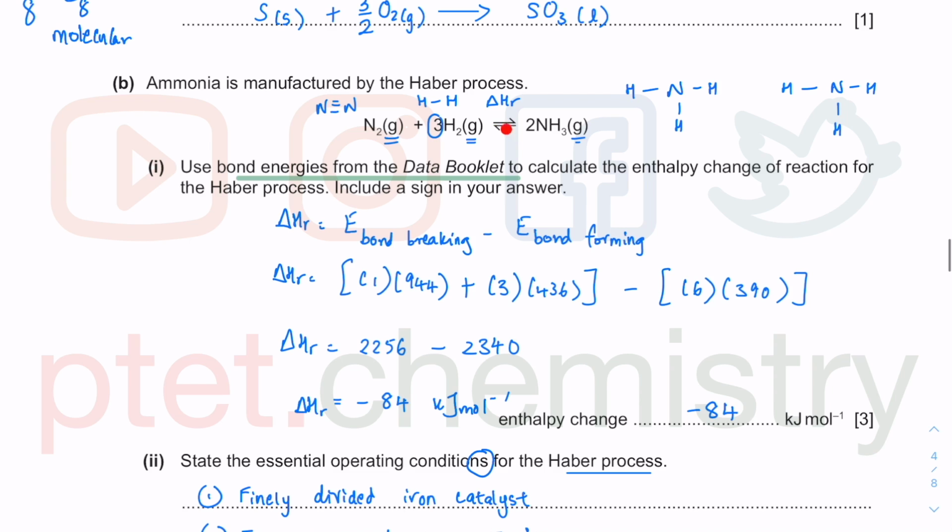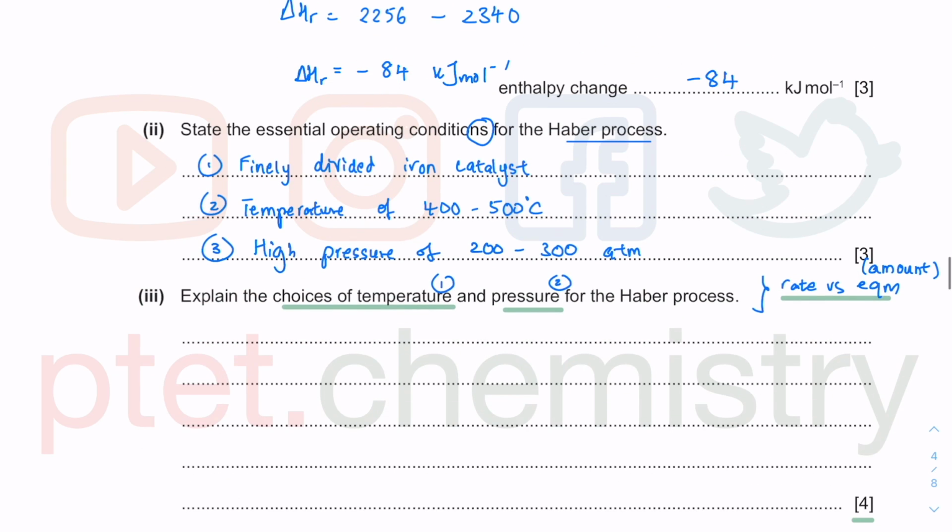This forward reaction is exothermic. Based on our calculations, the forward reaction to form ammonia is exothermic, which means it releases heat energy. So when you increase temperature, what would the equilibrium try to do?